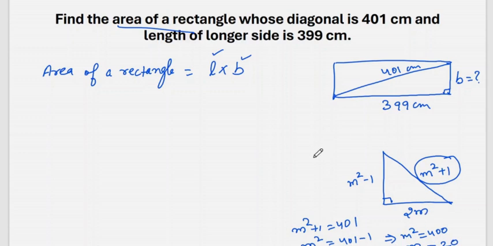Now you can easily relate this and find the lengths of the sides of the other triangle. This is your m square plus 1, given as 401, which is working as the diagonal. This is your m square minus 1, so what is 20 square minus 1? That is 400 minus 1, that is 399, and this is 2 into m, that is 2 into 20, that is 40. So now we have got B as 40.